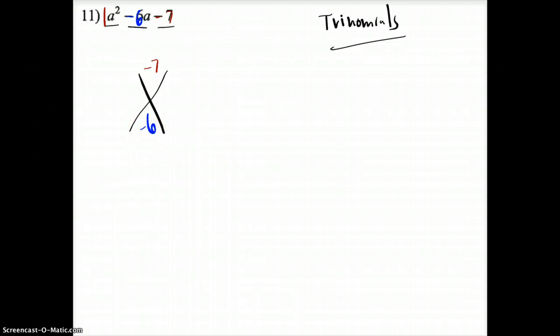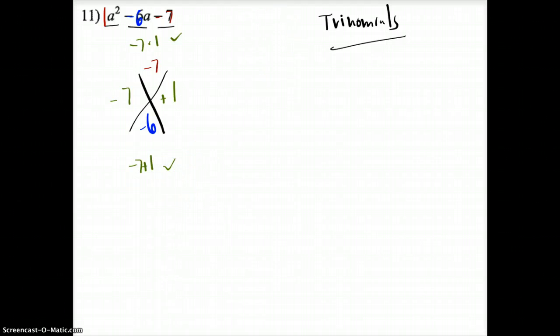Then I have to find 2 mystery numbers that multiply to negative 7 and add to negative 6. Negative 7 times positive 1 works, and negative 7 plus 1 is negative 6. Both are true. Good.